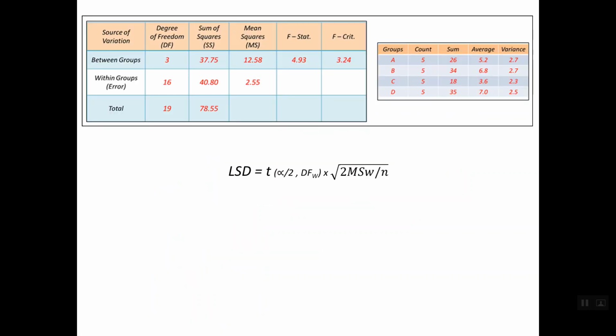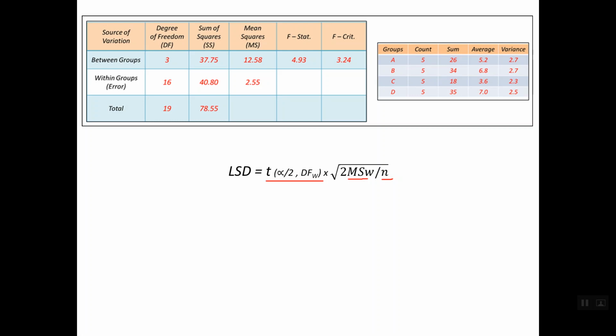Okay, let's calculate the value of the LSD, or the least significant difference. The formula for LSD is equal to the value of t for significance level alpha by 2 and degrees of freedom for the error, or within, and this value of t is multiplied by the square root of 2 times mean square within divided by n.